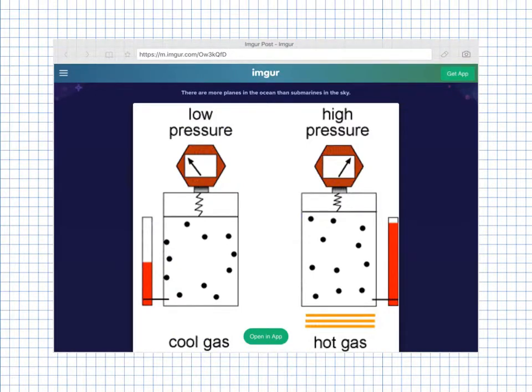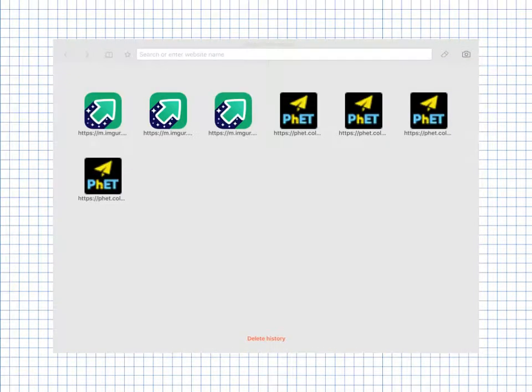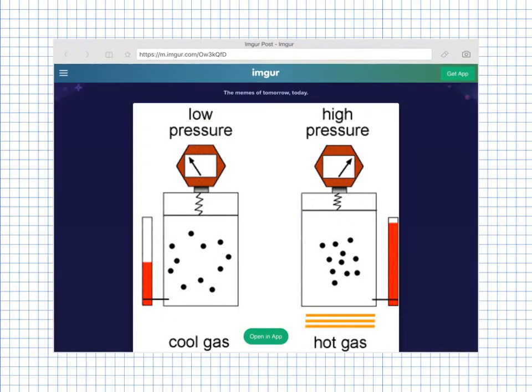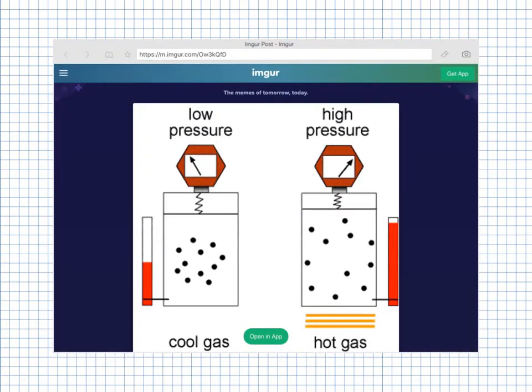Okay, so what we have here, we've got our GIF. This is just showing the motion of particles at our two different temperatures. If you are at a cooler temperature over here, you can see that these particles are moving a little slower. When they hit the sides of the container, they are not generating as much pressure.